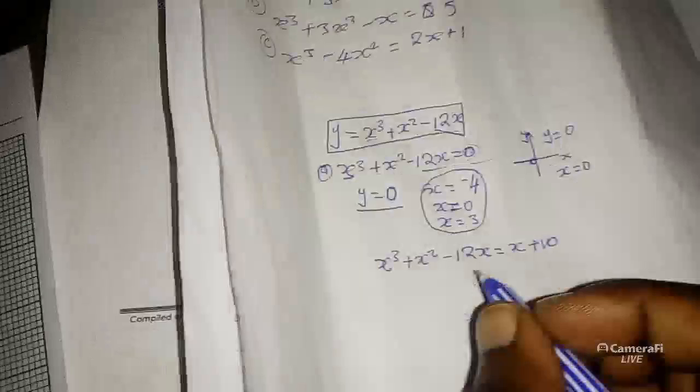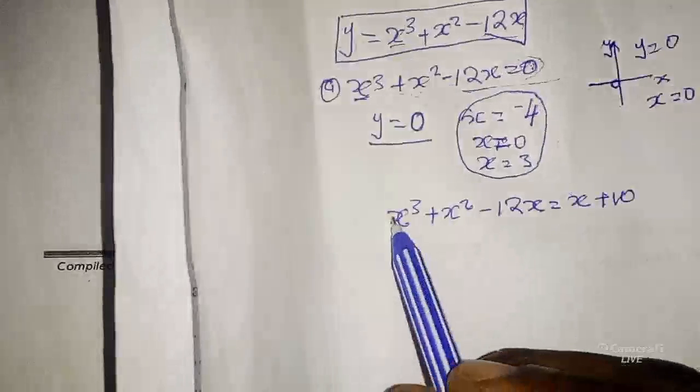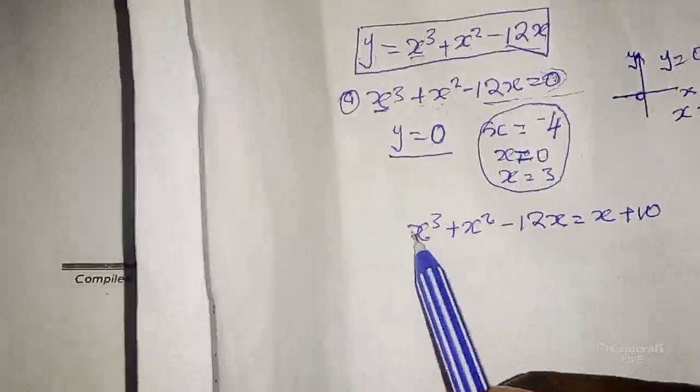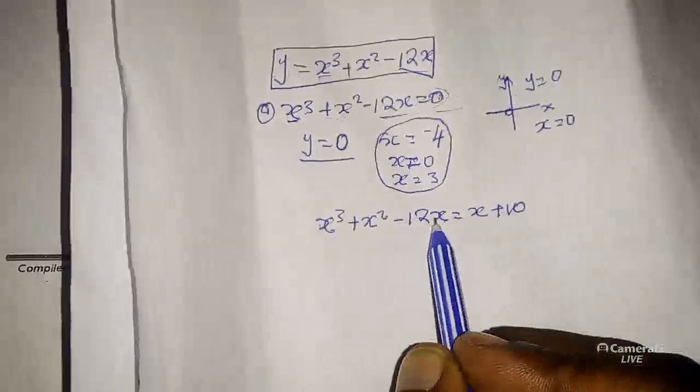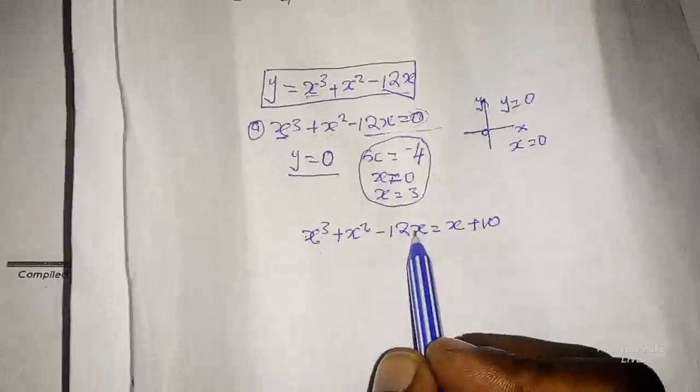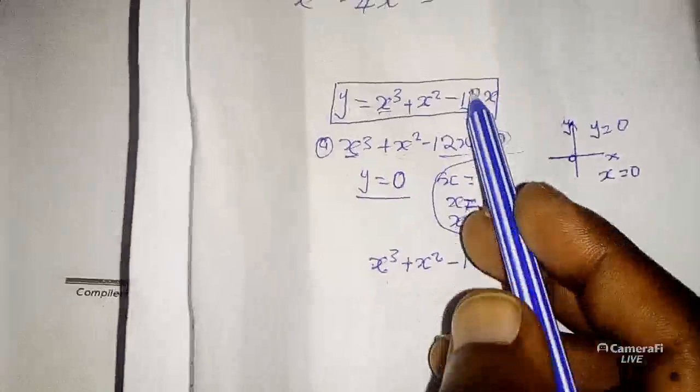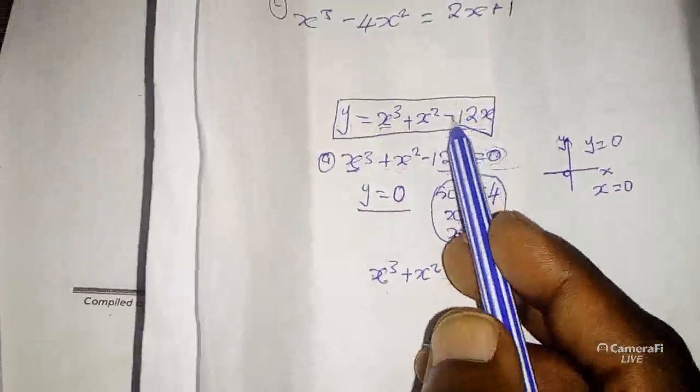From x cubed to minus 12x, this is the same standard equation here.